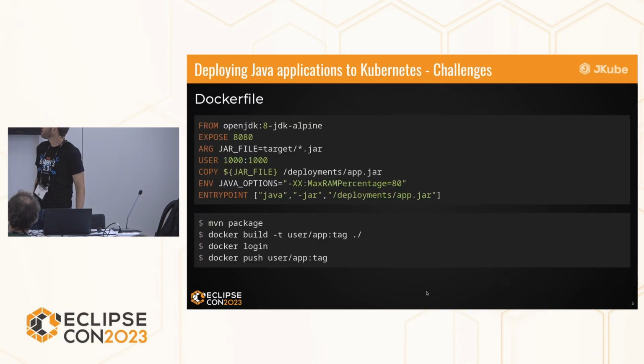The first one is that you need to package your application as a container image. Container images are the way you usually distribute your applications for Kubernetes. Here we can see a very simple Dockerfile to containerize a Java application. In this case, it's kind of simple, 6 or 7 lines. But these files tend to grow as the application grows in complexity.